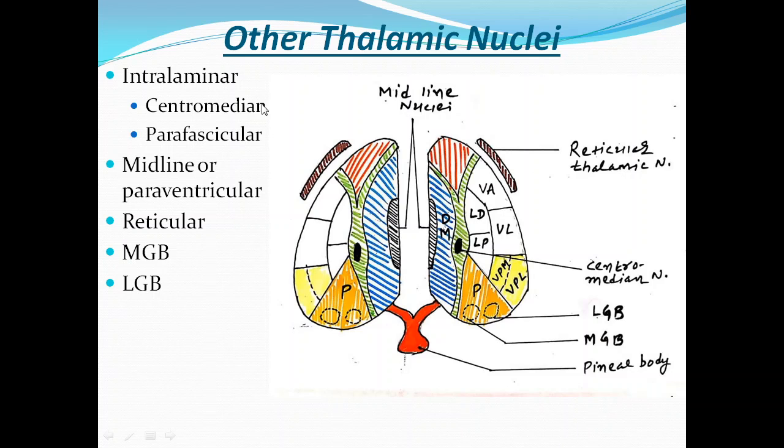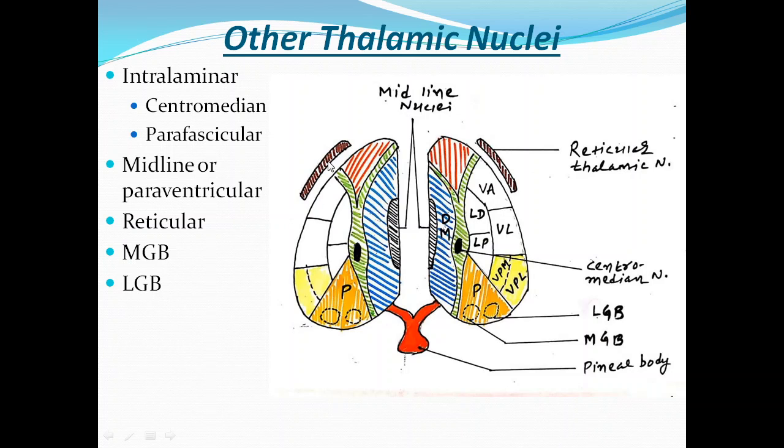So these two are collectively known as intralaminar nuclei. Second is the midline nuclei, or paraventricular nuclei, between the medial surface of the thalamus and the cavity of the third ventricle.